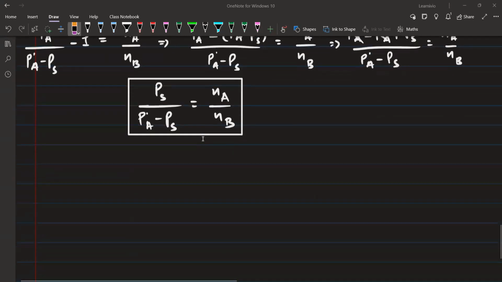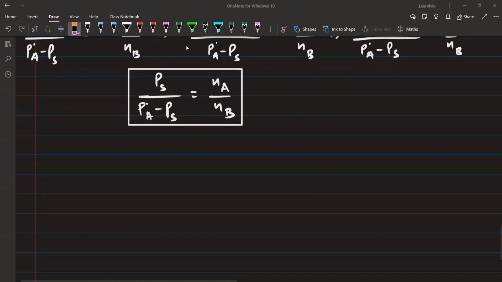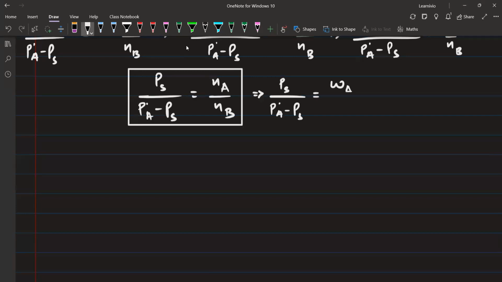So from here further you can write. Please see. PS upon P naught A minus PS will be equal to number of moles of A, which can be written as the mass of solvent divided by the molar mass of solvent, and moles of solute can be written as the mass of solute divided by molar mass of solute. So that will go in the numerator. It will become molar mass of solute like this.